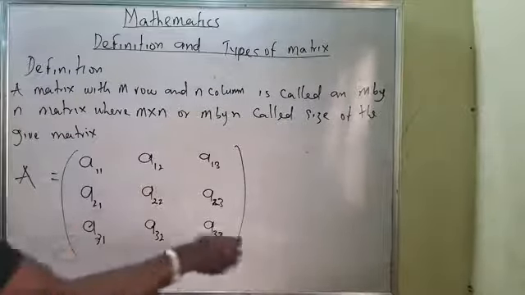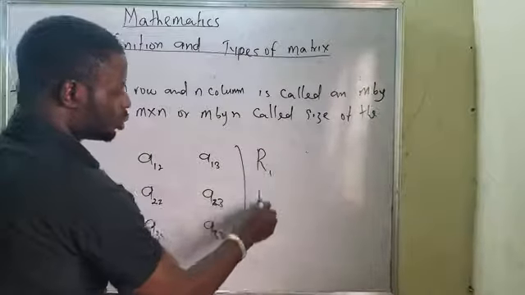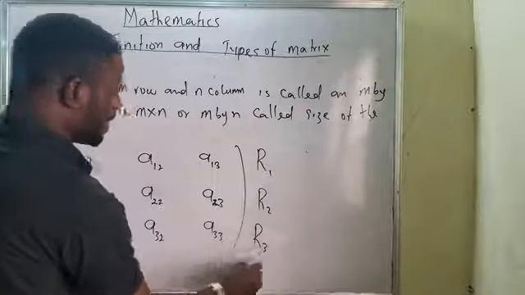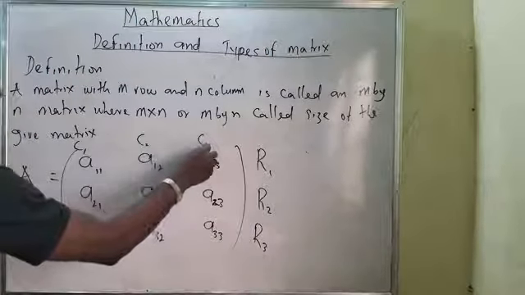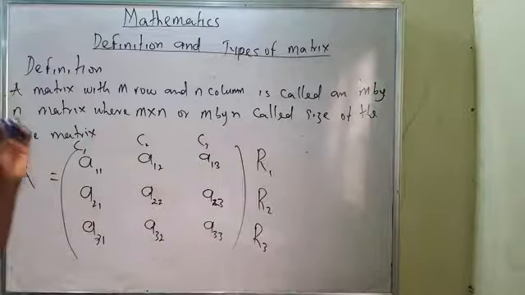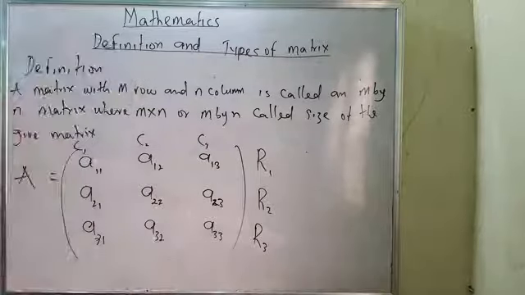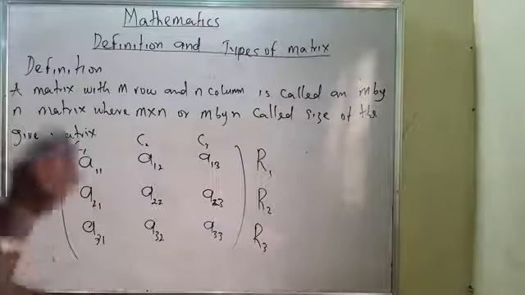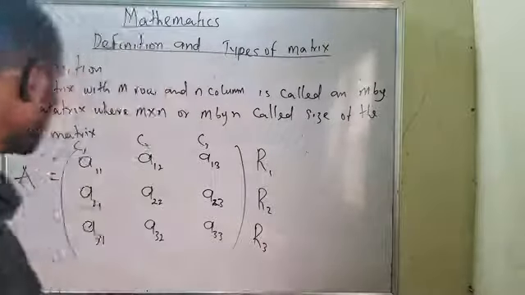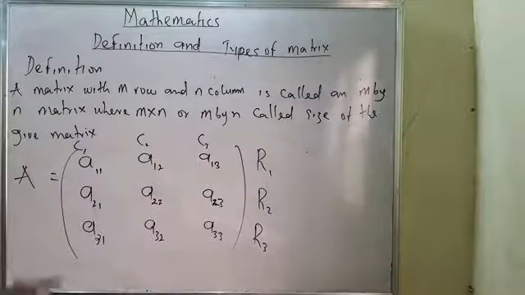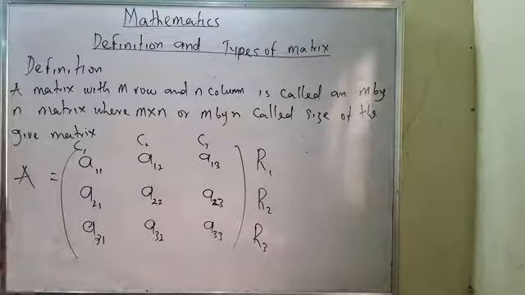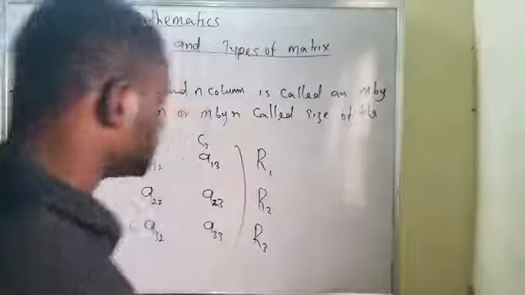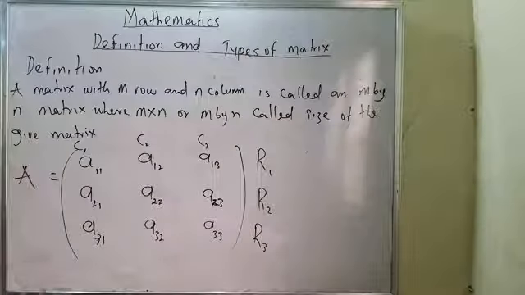This is row 1, row 2, row 3. This is called column 1, column 2, column 3. Before I call any matrix, please take note of that: your row is considered first. Your row is considered first. It means row by column. Please take note of that. That's what I'm trying to explain here. Row by column. Row multiplied by what? Column.